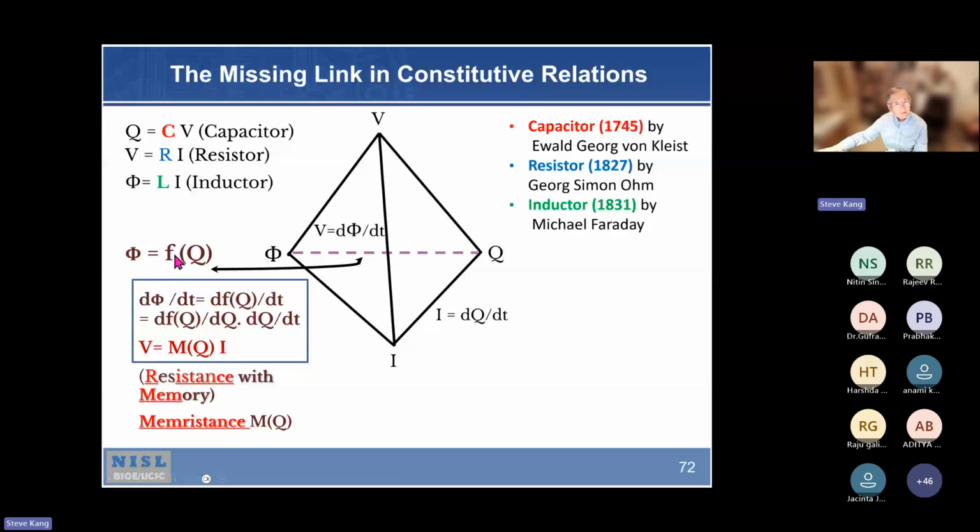On the right-hand side, if you take a time derivative, d phi(q) dt, you can rewrite it as d phi(q) dq times dq dt, but dq dt is I. So this is a sort of slope information, which is the memristance as a function of q. So V is equal to memristance multiplied by current, but the memristance is a function of Q, the memory effect. So that's the memristance and the memristor definition, right?